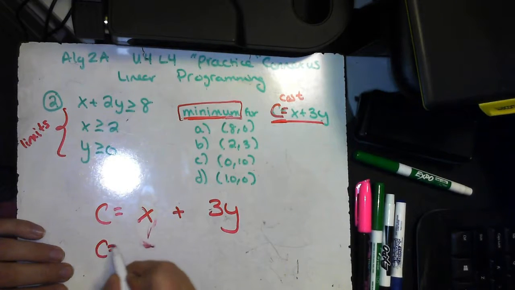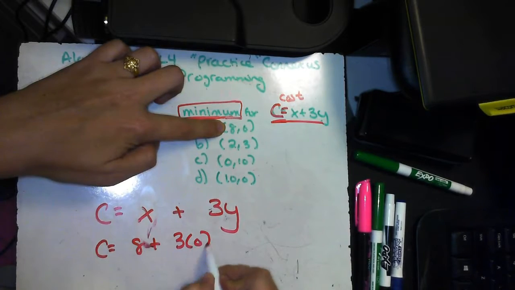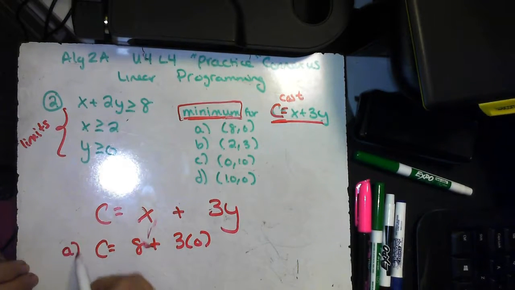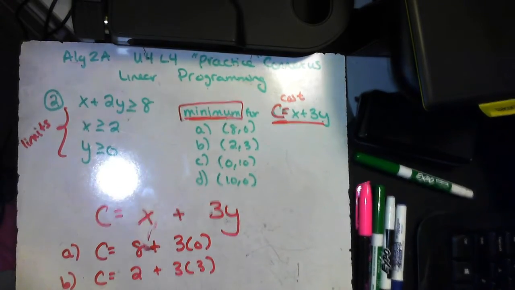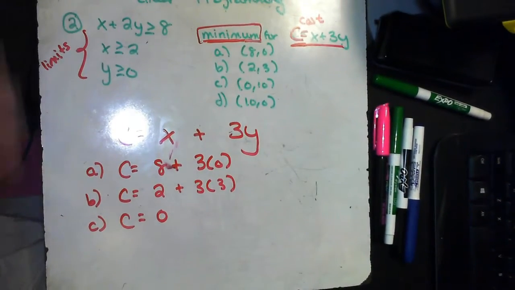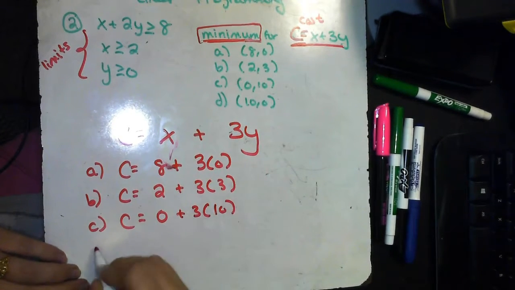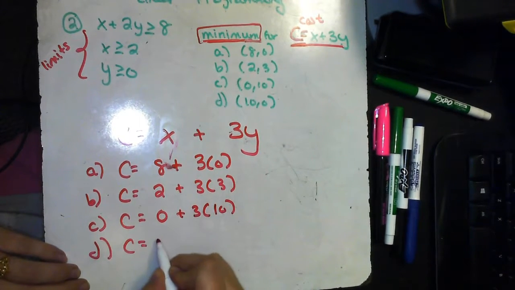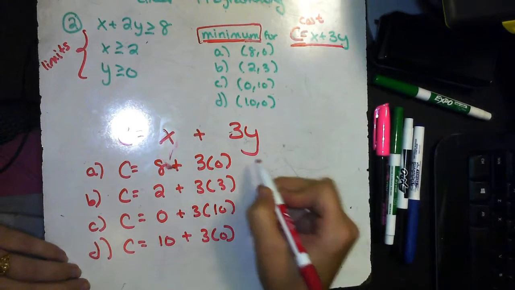So C equals 8 plus 3 times 0 for A. Or C equals 2 plus 3 times 3. Or C equals 0 plus 3 times 10. Or C equals 10 plus 3 times 0.